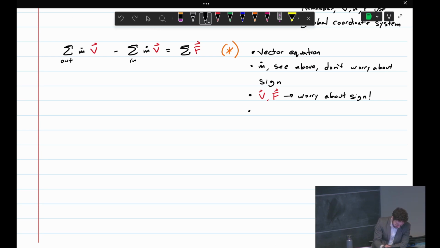So the force is the F_P, pressure force. We need to worry about the sign of our pressure force because it's a force, and we determine the sign by knowing that pressure force always points into the CV.